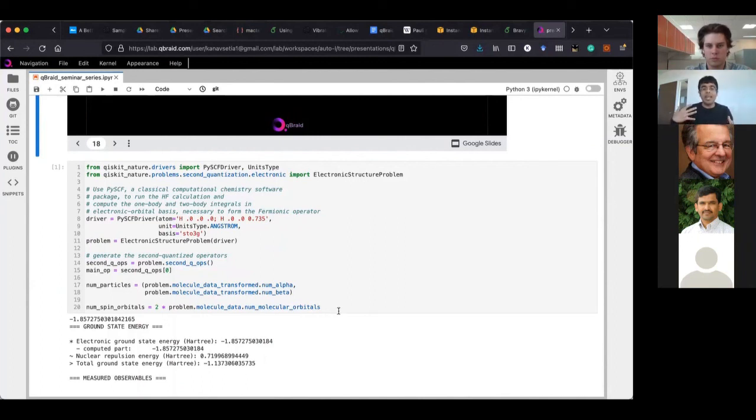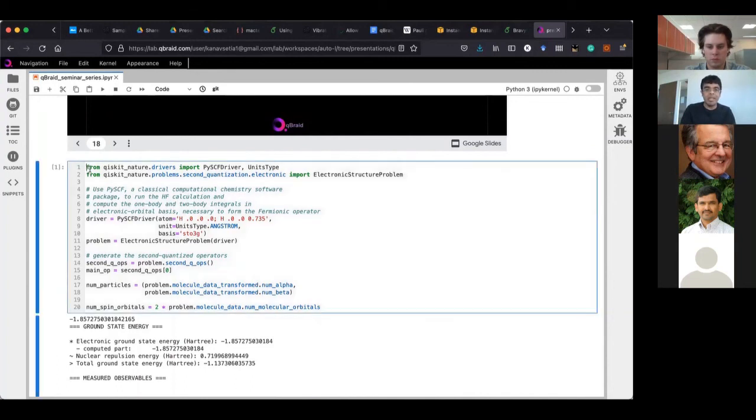So at an abstract level, what you start with is importing all the necessary components that you would need in order to set up your problem. And when you set up your problem, you're literally saying that I want a hydrogen atom, and another hydrogen atom. For the first hydrogen atom, these are my coordinates.